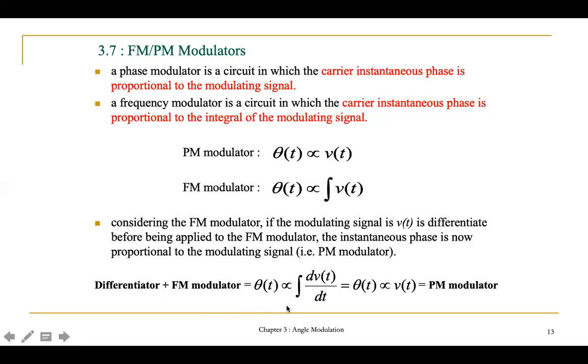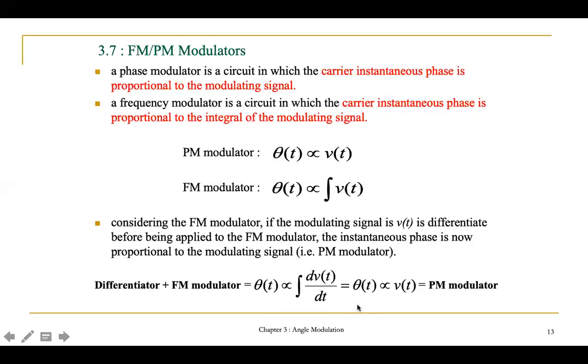Because you have a differentiator, your modulating signal becomes dVt over dt. For the FM modulator, you know that theta t is directly proportional to the integral of Vt, and your Vt now is dVt over dt. If you integrate dVt over dt, you get Vt.